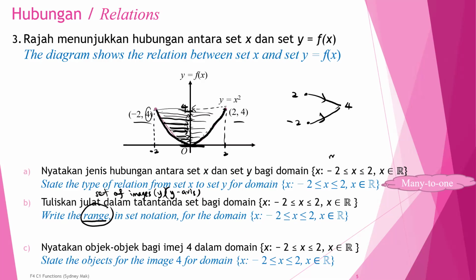So from this graph, what is the range? Range must be from a small value to a big value. What is the smallest y here? Small y is 4.